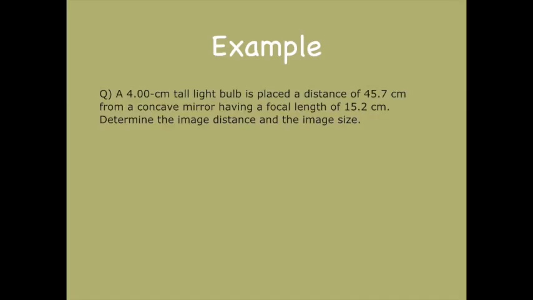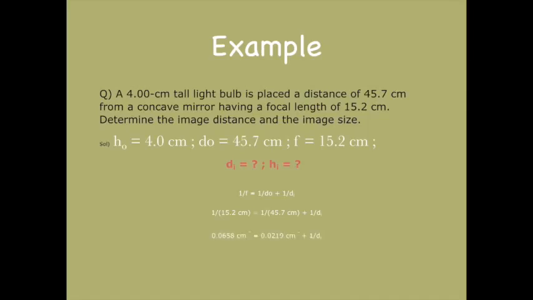So let's solve an example on this concept. Given below is the question. So from the question I have these values, and I have to find out d and h. So by using this formula and on substituting the values and on simplification, and on further simplification, I get 1 by d equals 0.0439.